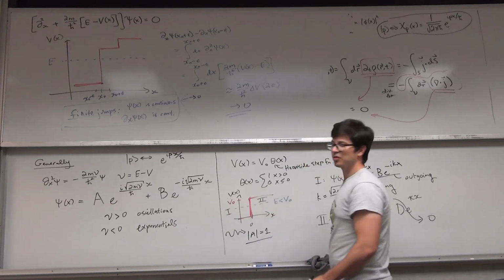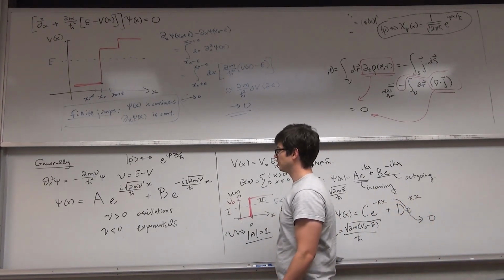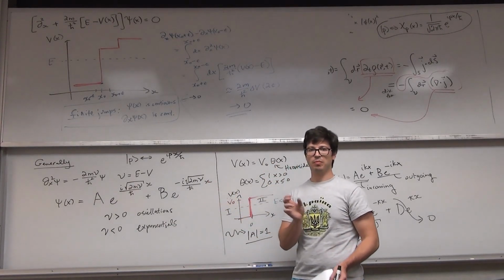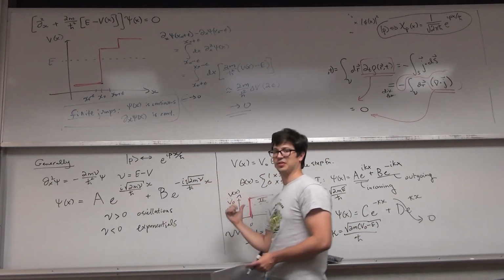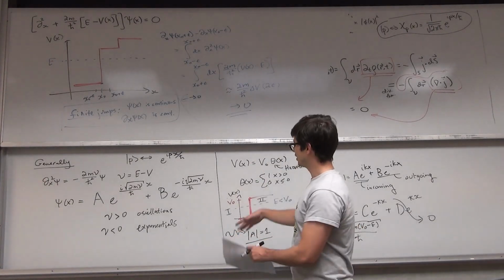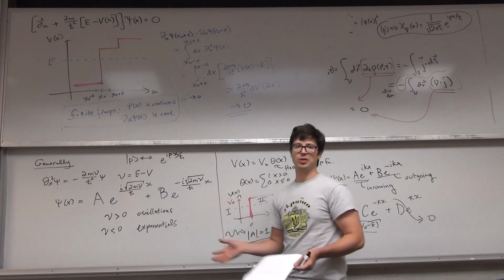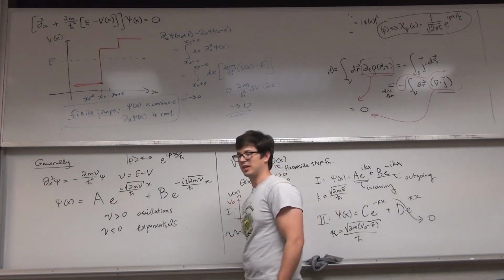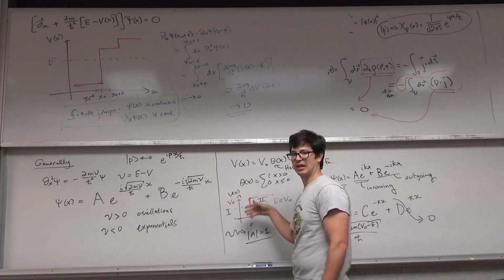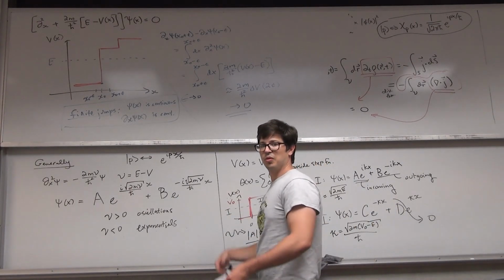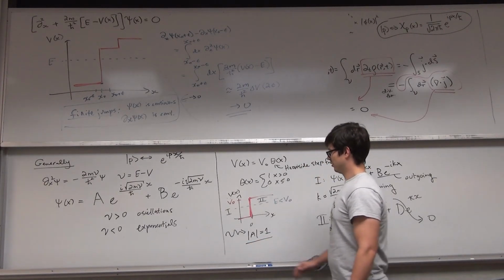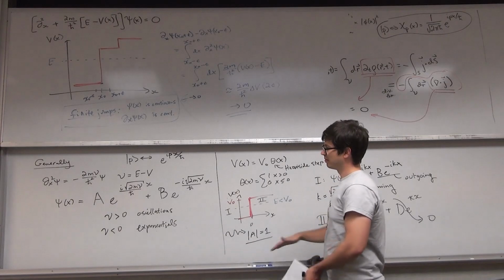If you wanted to do this properly, you would probably consider a wave packet corresponding to some particle that you shoot off in this direction. We'll talk about that. Then you would think about this problem in terms of the full time-dependent Schrodinger equation. You would ask how the wave packet comes in and what it does when it encounters the potential step. But we don't have that luxury, so we use physical intuition to interpret these solutions.